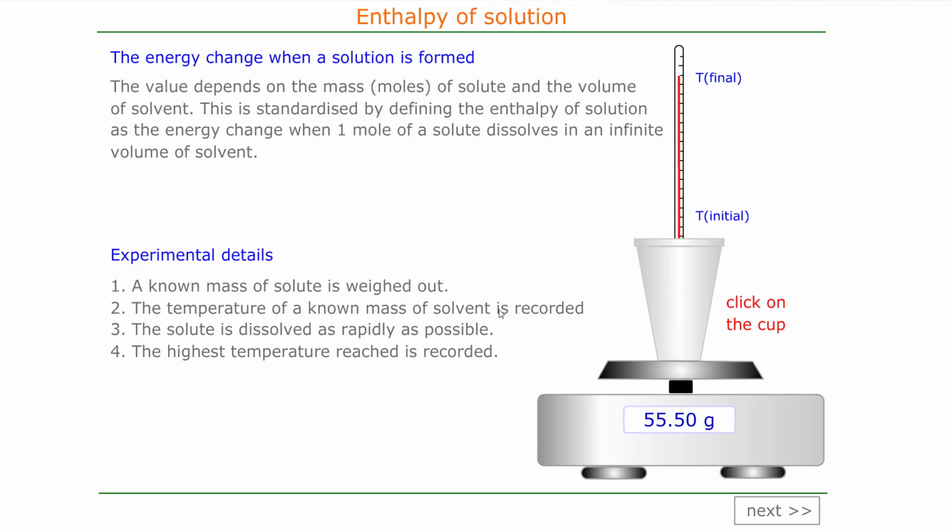And from that we can find the energy change from the mass times the specific heat capacity times the temperature change. And if we know the mass of the solute and the relative mass of the solute, we can calculate the number of moles, and so by dividing the energy change by the number of moles, this will give us the energy change per mole for that particular solute.